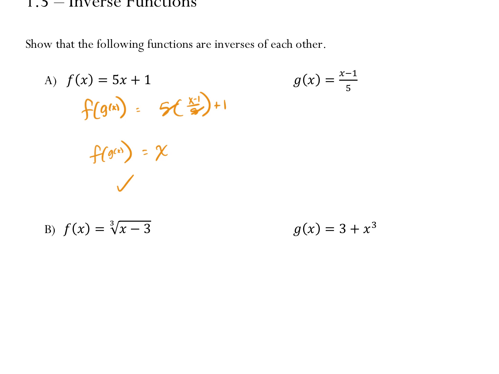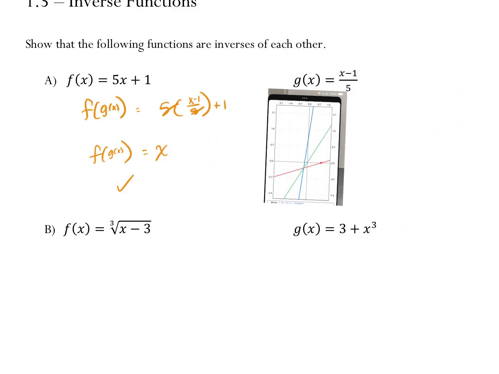All right, so here's my graph of these two equations.